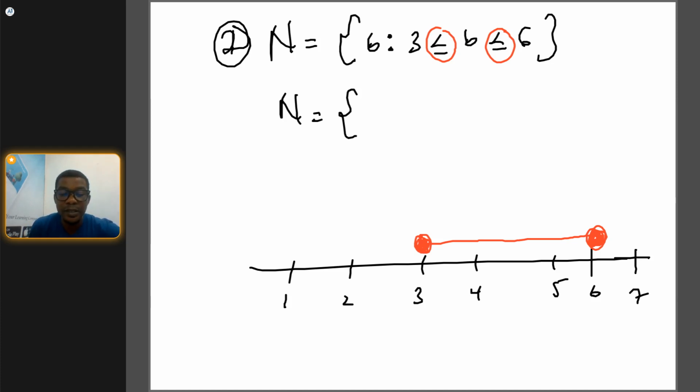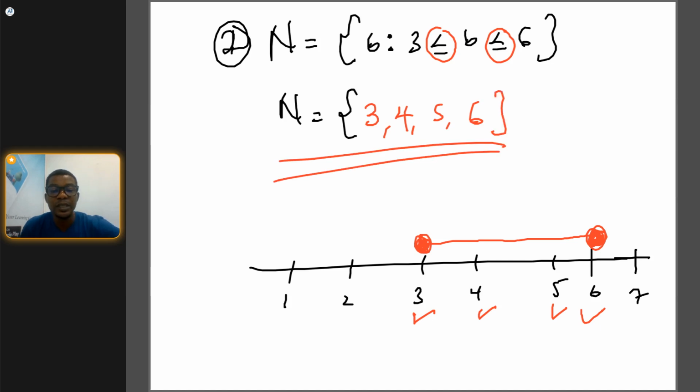So the elements are 3, 4, 5, and what? 6. The elements will be these values we have in the curly brackets. All right. So these will be the elements we have for the given set, what? N.